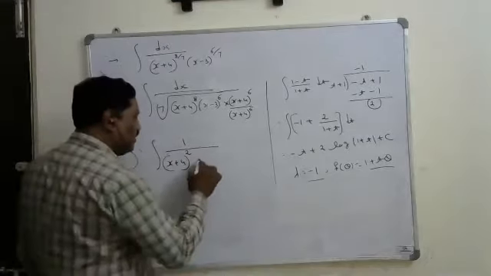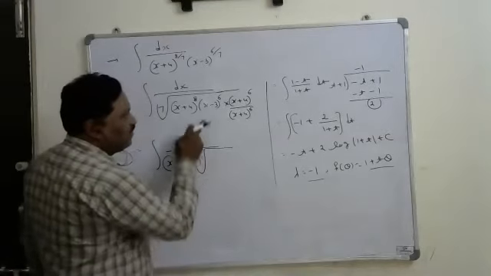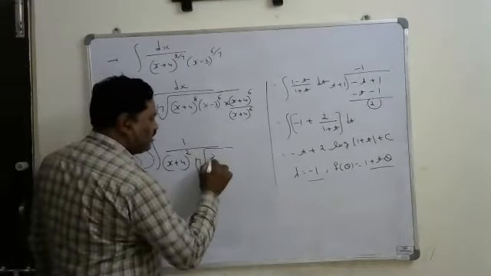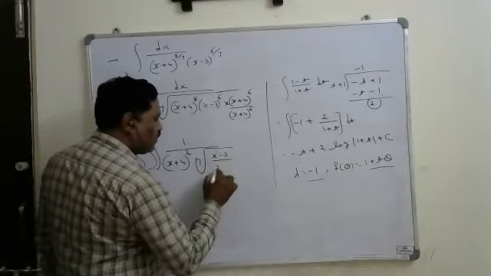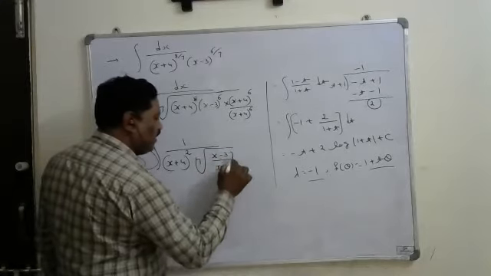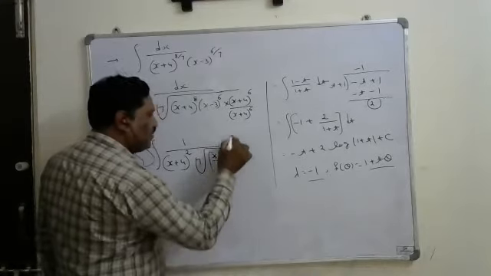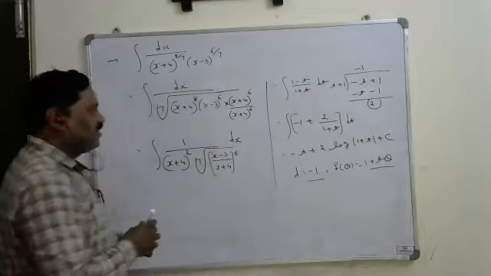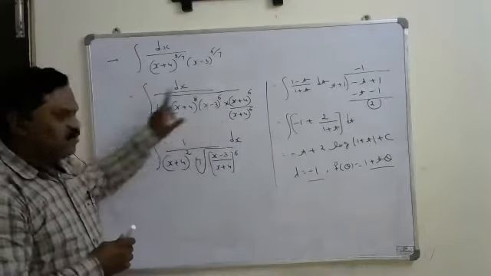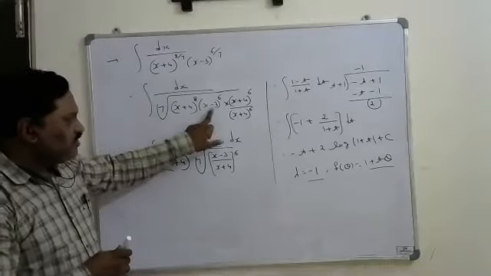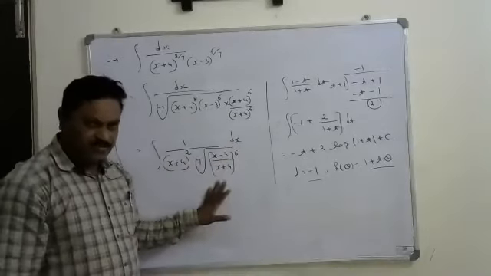The remaining is the 7th root of (x minus 3) upon (x plus 4) whole power 6, dx. This is the remaining, because the term I wrote outside comes in the denominator.